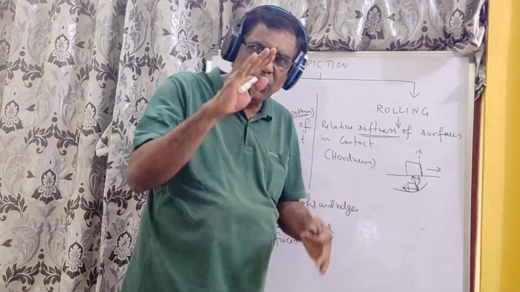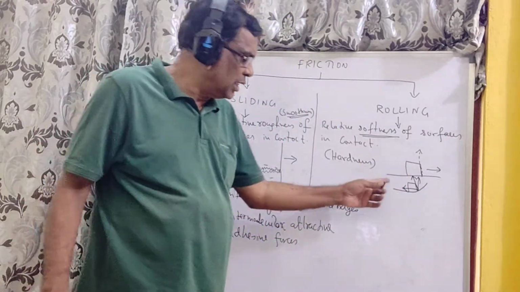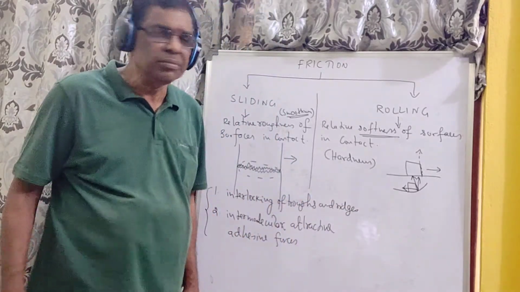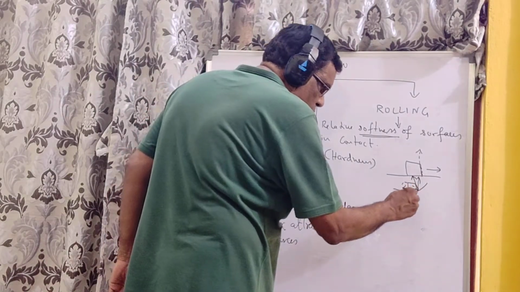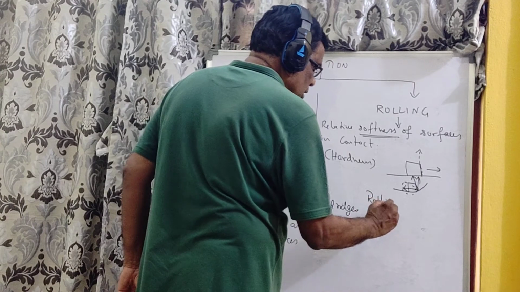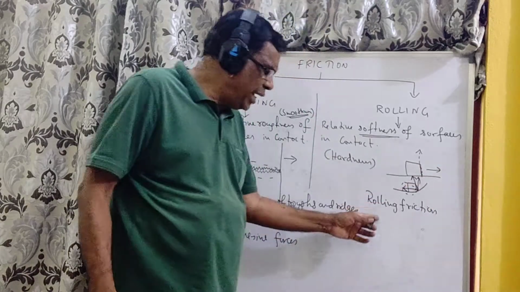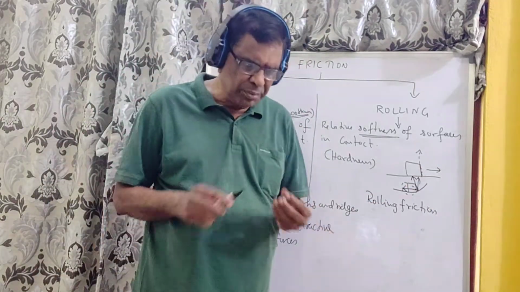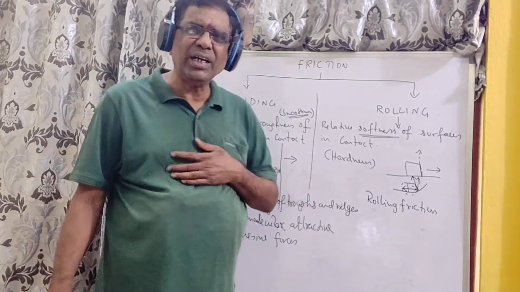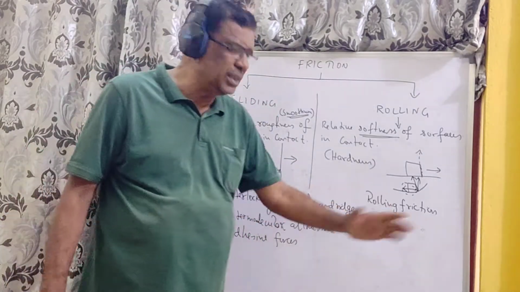Whenever the surface is soft and you have a depression and the body intends to move like that, it has to overcome this component of normal force. And this component of normal force is what we call rolling friction. The name could have been different from rolling. You know, in physics, it is sometimes very difficult to fathom why they use certain words.